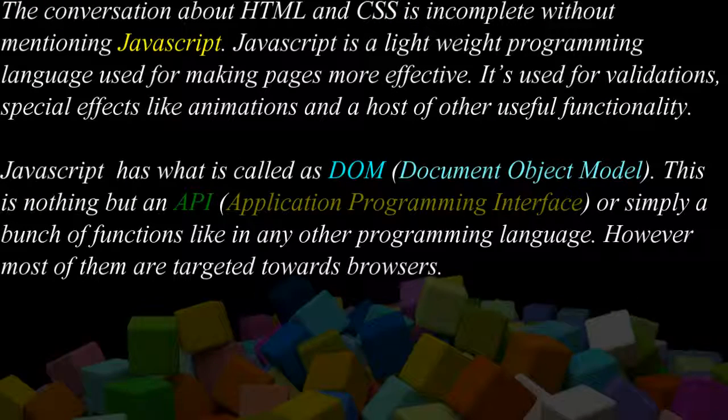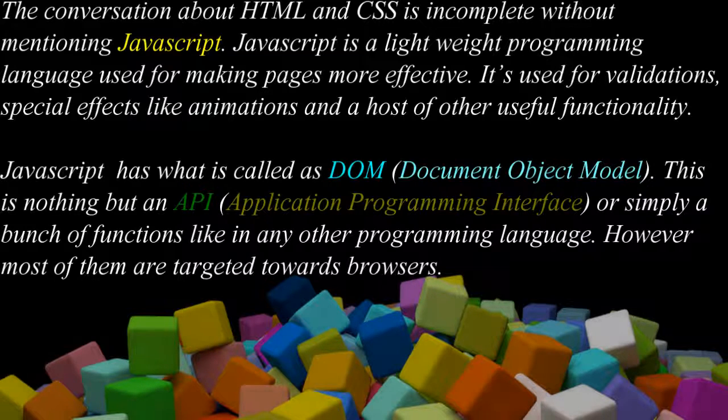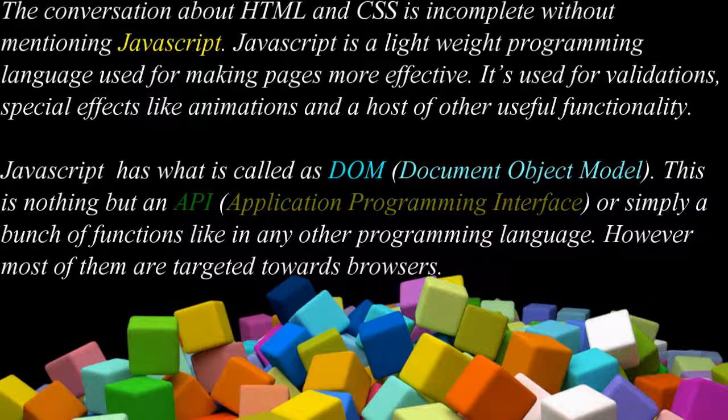The conversation about HTML and CSS is incomplete without mentioning JavaScript. Now, JavaScript is king. JavaScript is a lightweight programming language used for making pages more effective. It's used for validation, special effects like animations, and a host of other useful functionality. JavaScript has what is called the DOM, Document Object Model.